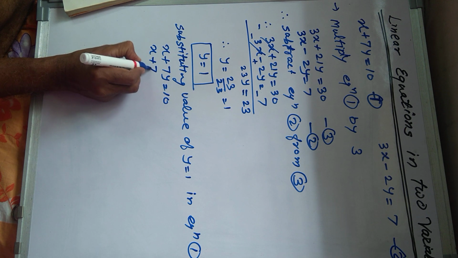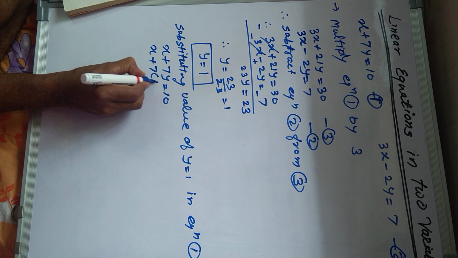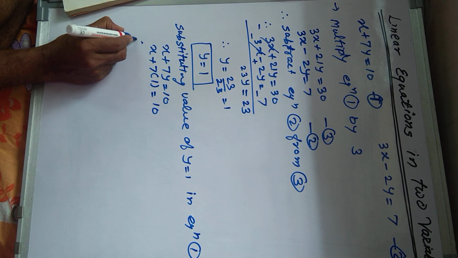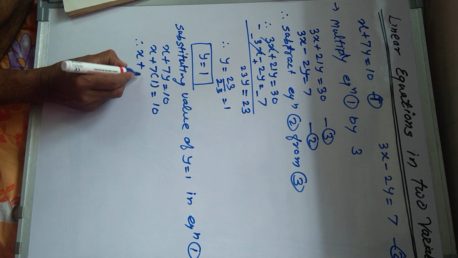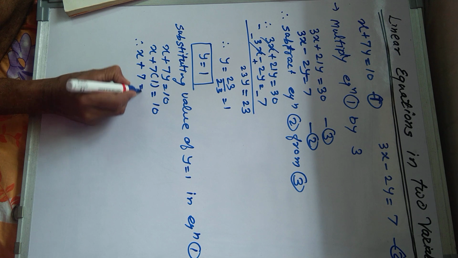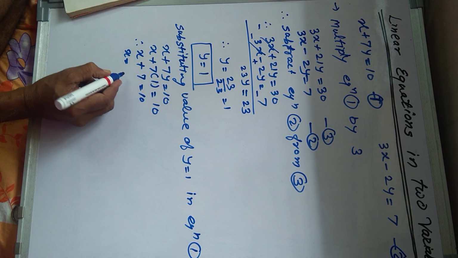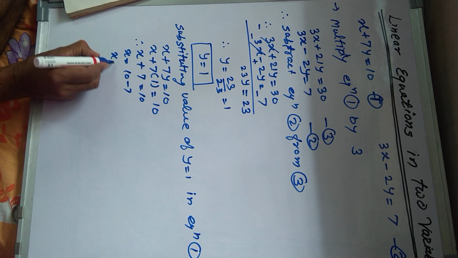Substituting the value y is equal to 1, x plus 7 is equal to 10. Therefore x is equal to 10 minus 7. X is equal to 3.